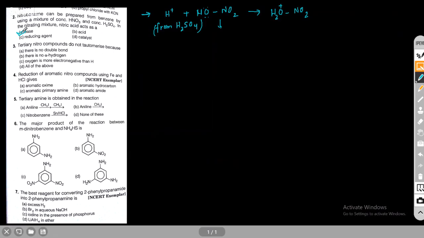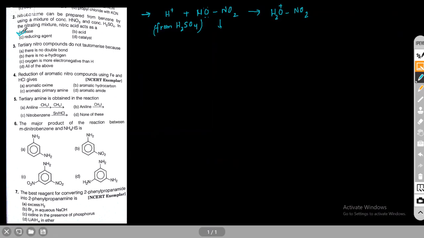Right? Question number 3. Easy, right? Because for tautomerism, we need alpha hydrogen that can displace from one atom to another.